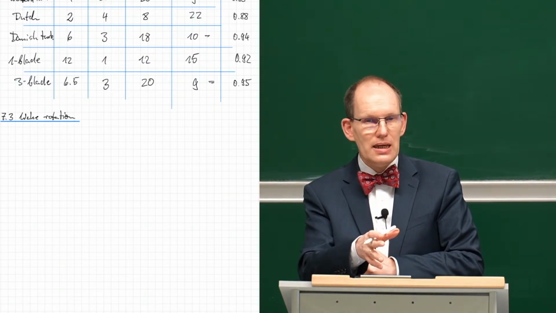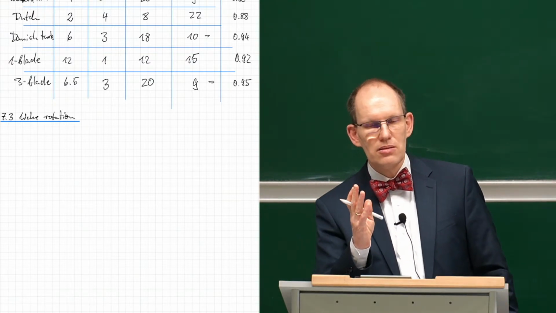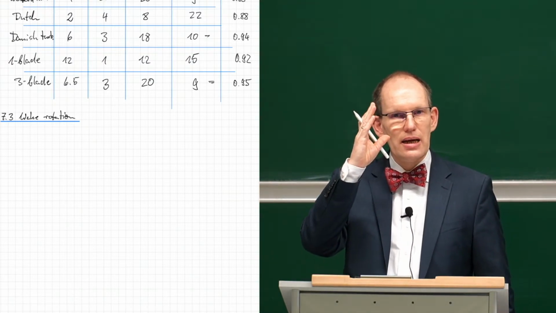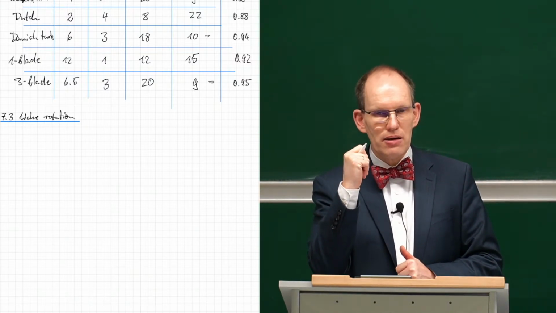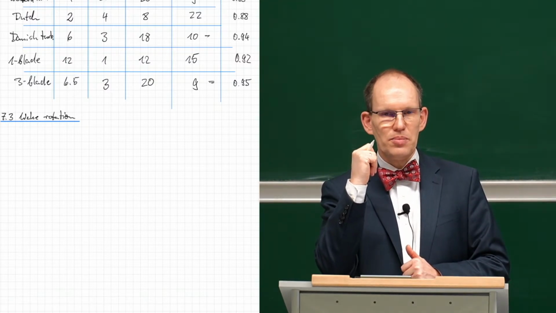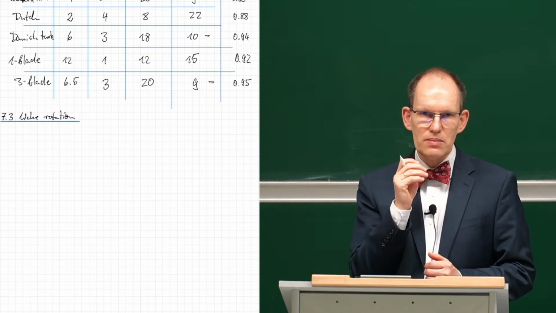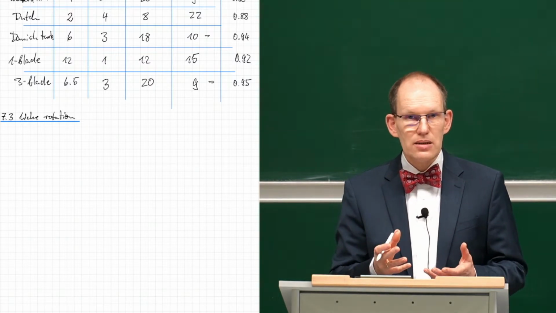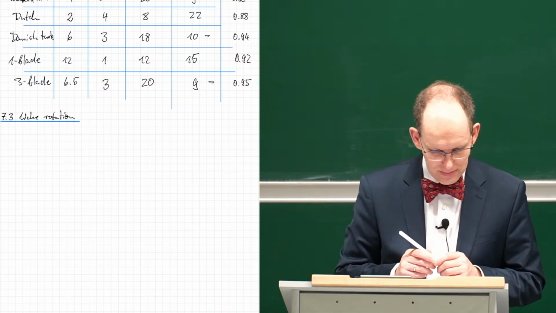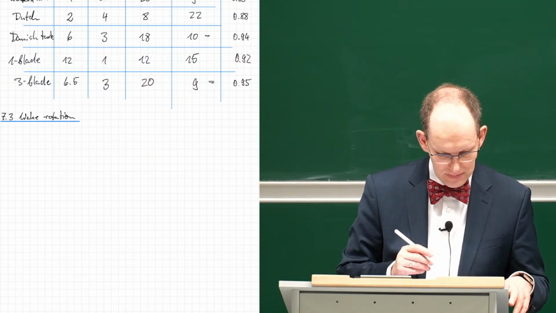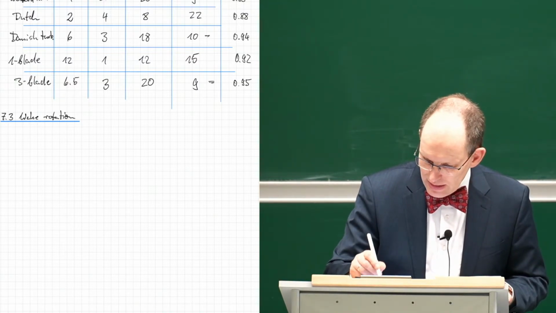But what we mean here in particular is not the radial direction, not the direction parallel to the blades, but the direction perpendicular to the blades. So perpendicular to the rotor axis and perpendicular to the blades. So this is the tangential direction.